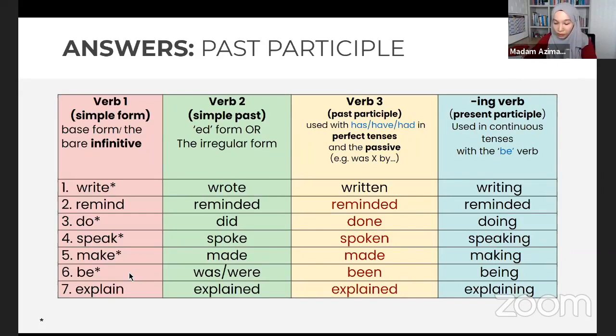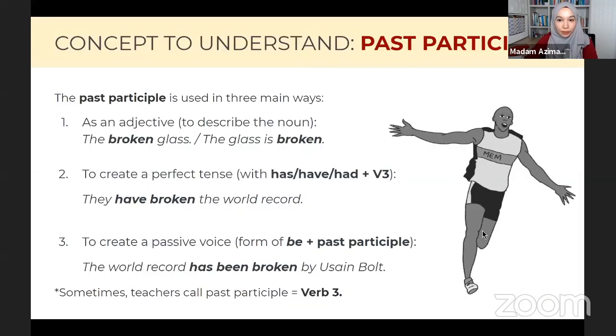Okay. Now let's go back to the concept of the past participle. So this is where we are going to be focusing a lot on the past participle, but I still want to talk about the concept here. A few things for you to understand.